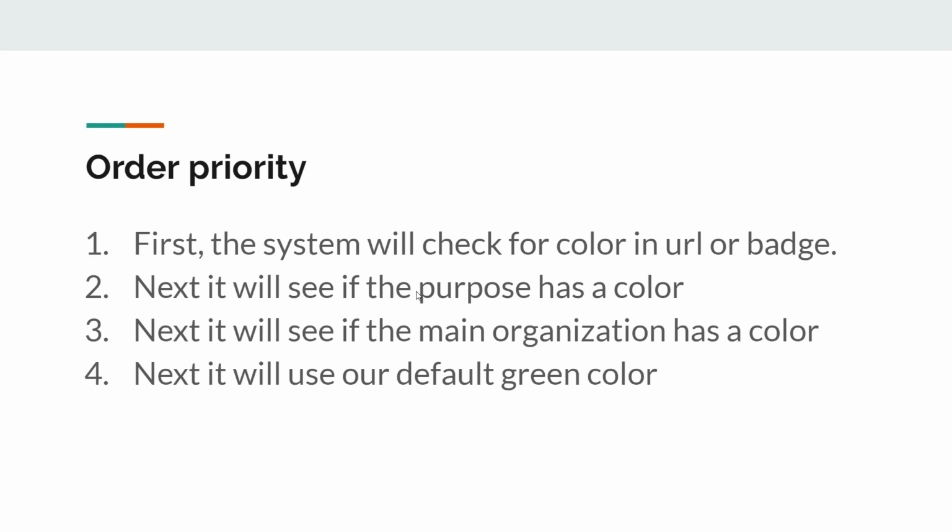And if that specific purpose has a color, it'll use the color you set. If it doesn't, it'll look at the main organization and see if that has a color. And that's great because now you just have to set it in your main organization and all the purposes will automatically use that color, unless of course you give a specific purpose a specific color. Then after that, if nothing's been set, it'll use our default green color.